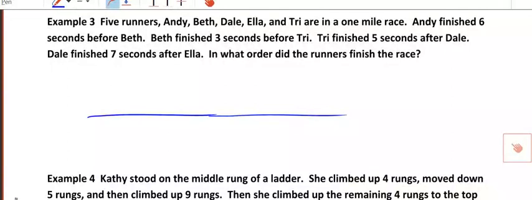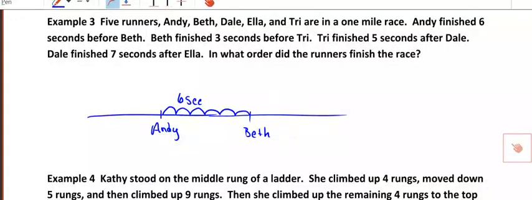So on this number line, I'm going to put Beth just anywhere, mark a spot. And Andy finished 6 seconds before her. So I'm going to go 6 seconds behind her. I'm going to go left 6. 1, 2, 3, 4, 5, 6. So that's 6 seconds, and Andy is 6 seconds ahead of her, before her.